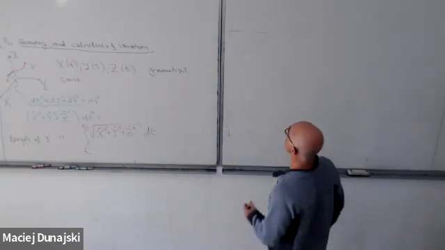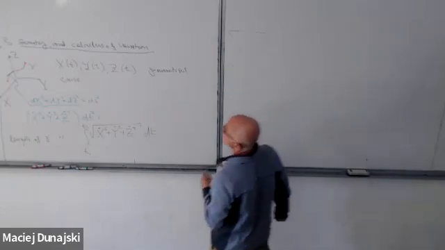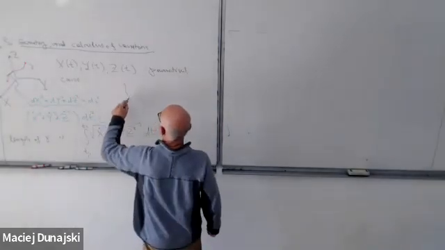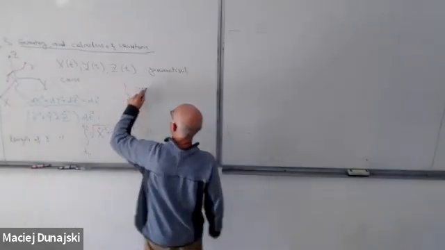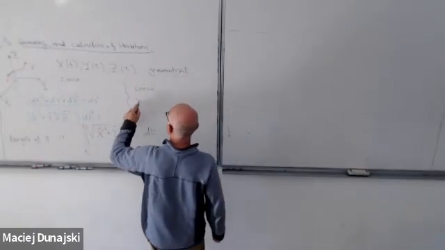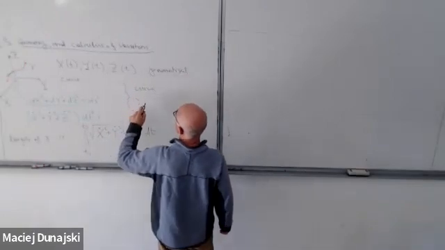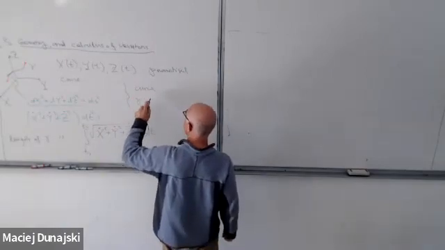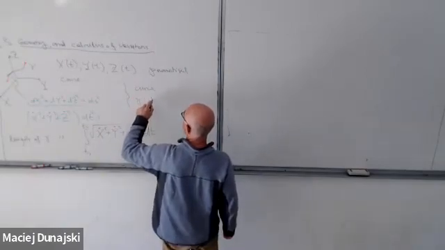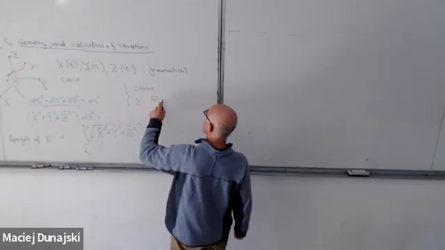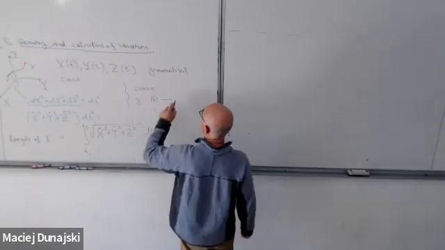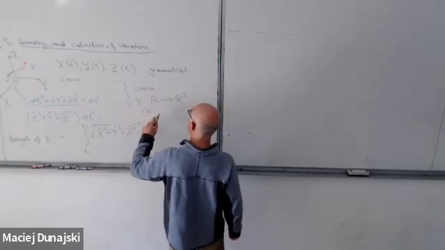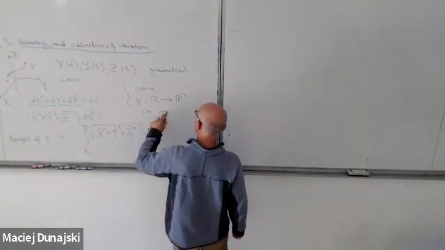Let's talk about surfaces. But what is a curve really before I do that? A curve is a map from some interval of the real line onto R3, so over an interval.